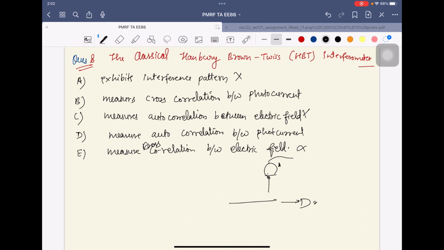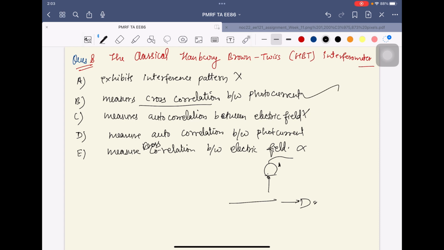Okay, so we know this. From this, what we know is to measure the cross correlation or the autocorrelation, that is the question. So we measure the cross correlation.